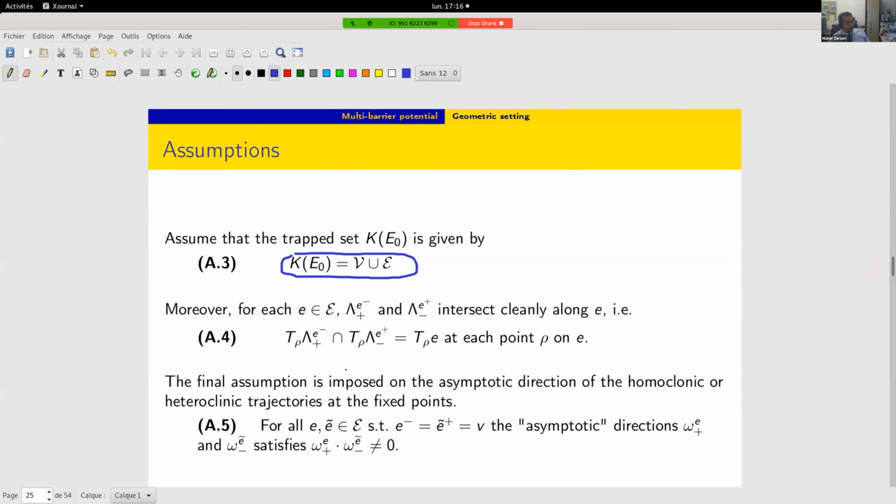And here we assume that if you go from one vertex to the other, lambda plus and lambda minus are transversal. So it intersects cleanly in some sense, it is transversal. So the tangent of lambda plus intersected with the tangent of lambda minus is exactly the tangent at the edge E.